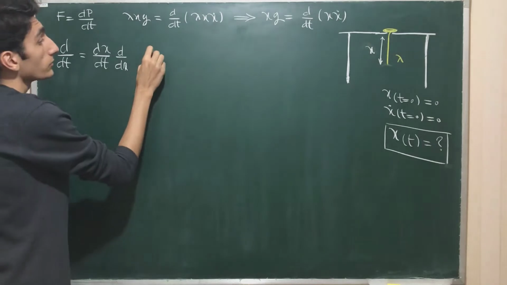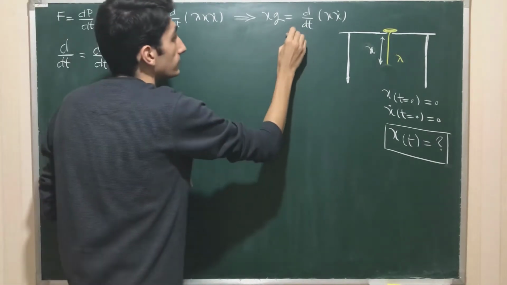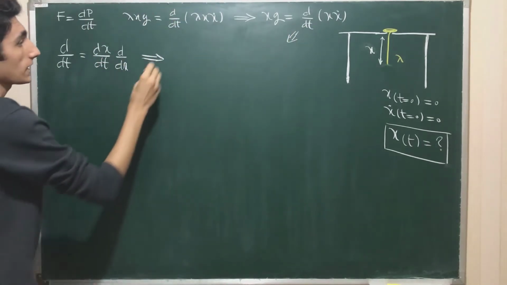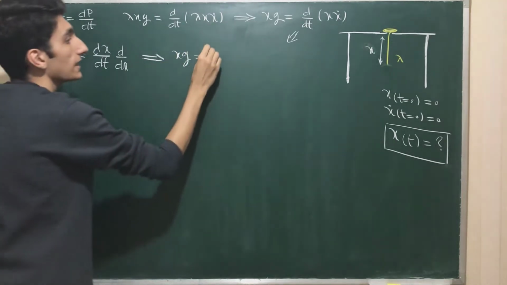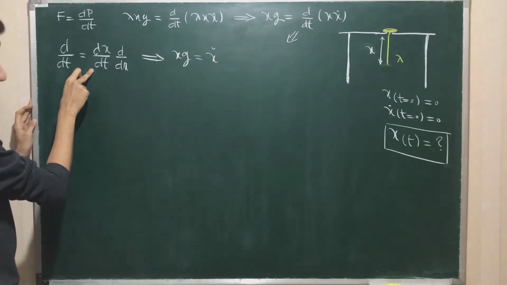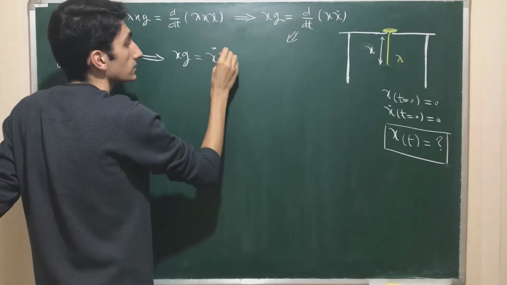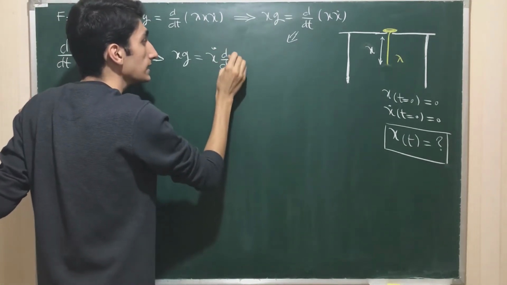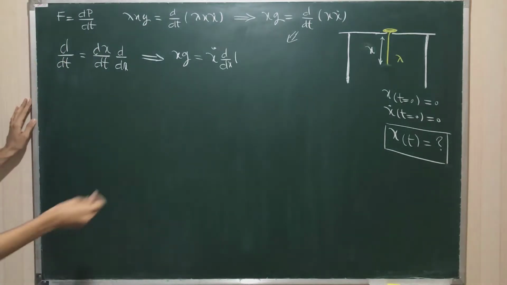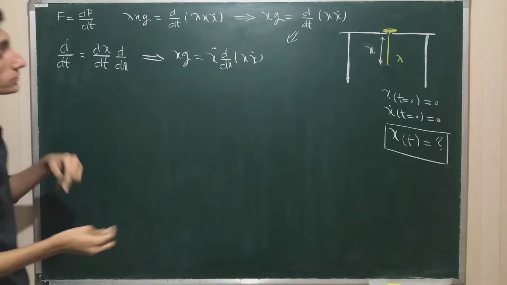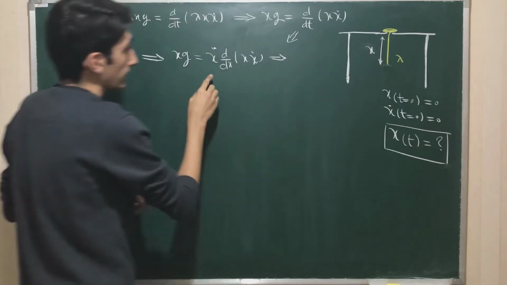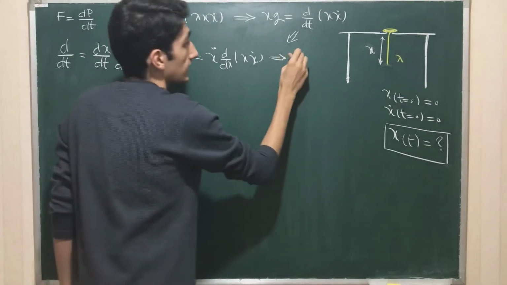So from that, we would have x times g is equal to x dot times d over dx of x times x dot. Then I'm going to multiply both sides by a factor of dx.